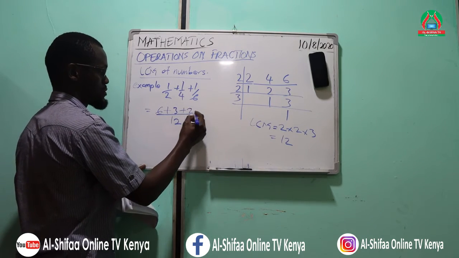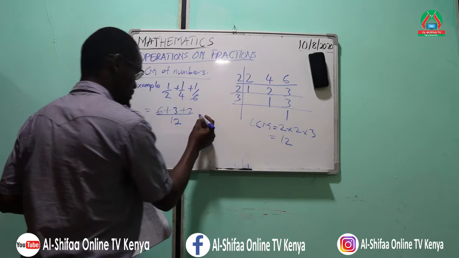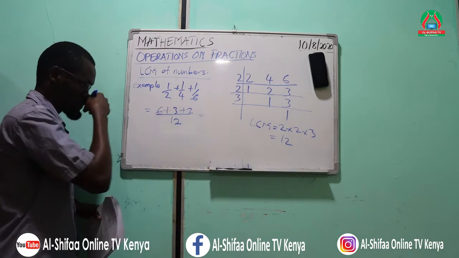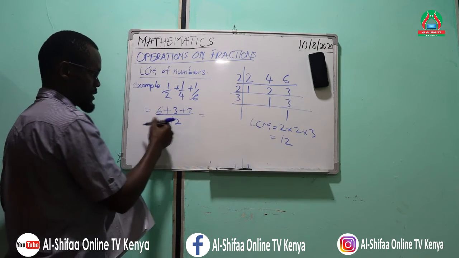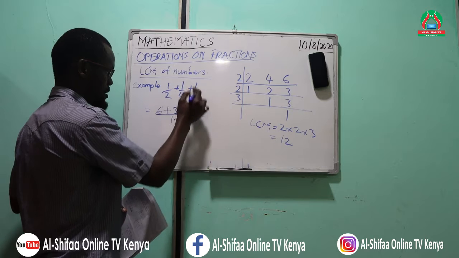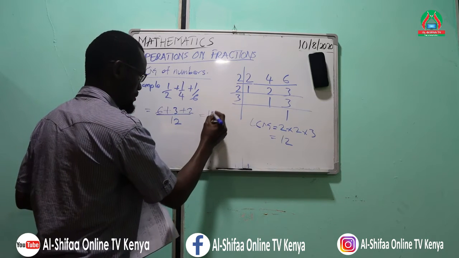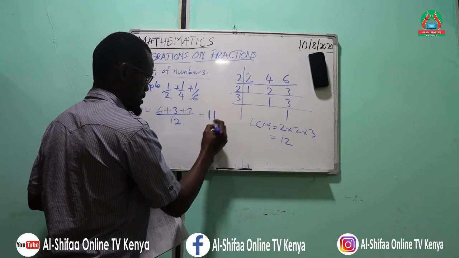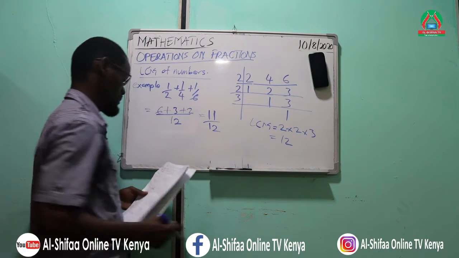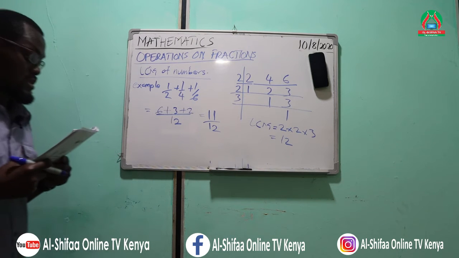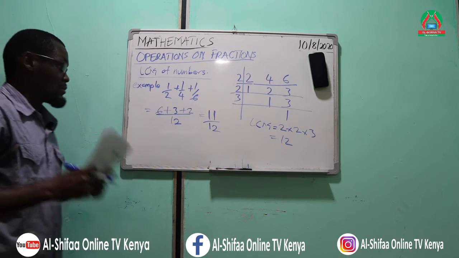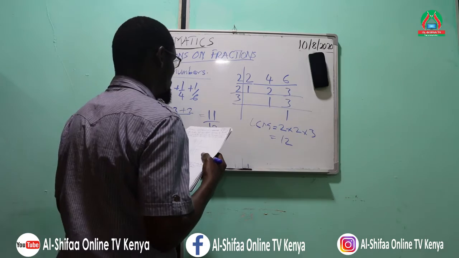Multiplied by 1, still you get 2. So the value of the addition will become 11 over 12. We'll go to a second example.